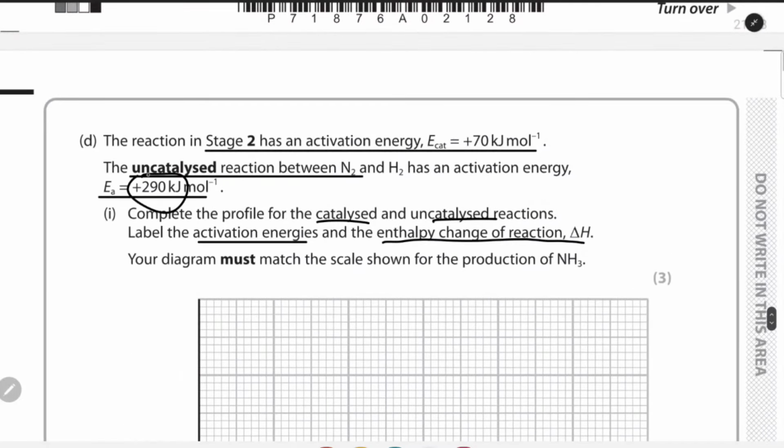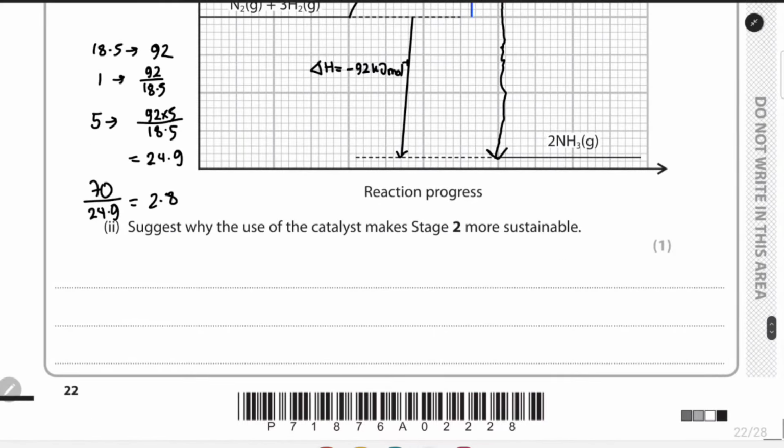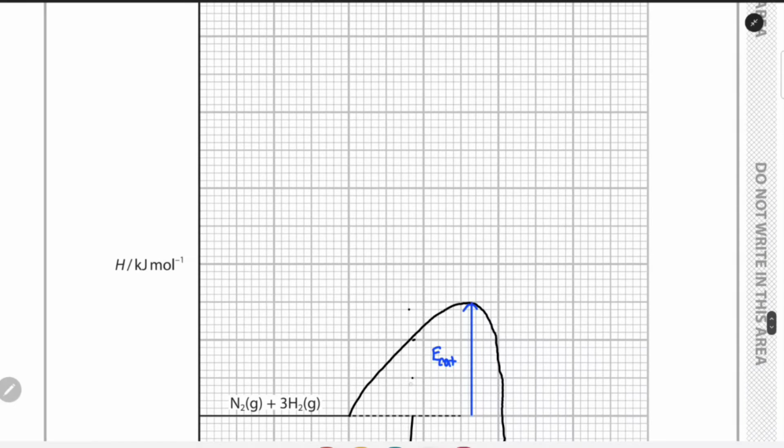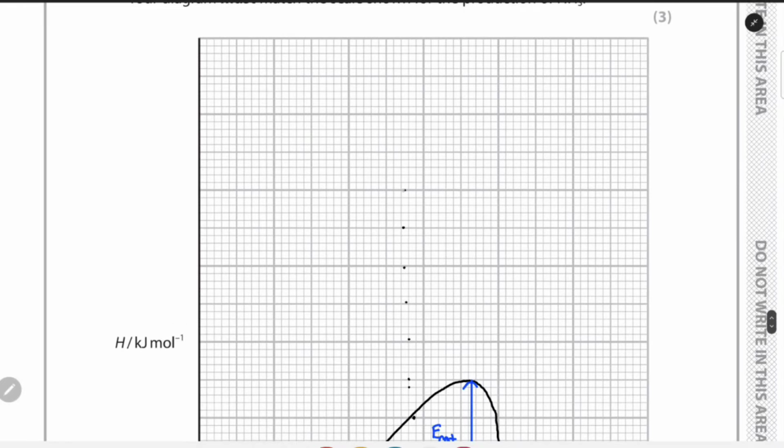Now when it's uncatalyzed, it's 290 kilojoule per mole. So we have to find the number of boxes again like this. This will come out to be 11.7. So if I go over here, this is 1, 2, 3, 4, 5, 6, 7, 8, 9, 10, 11, and then we go 0.7.